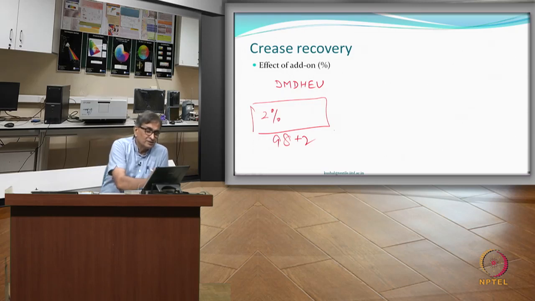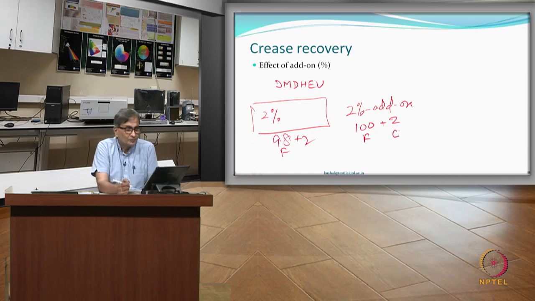But if somebody says 2% is add-on, what we mean is 100 is the fabric and 2 is the chemical that we have added, right.